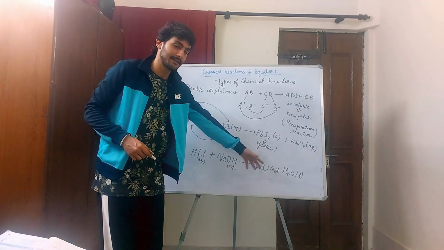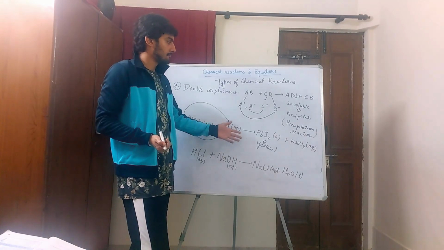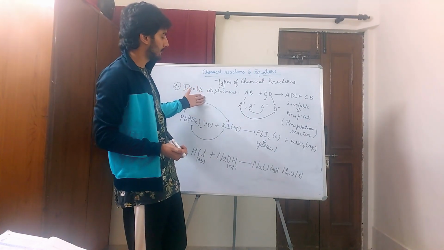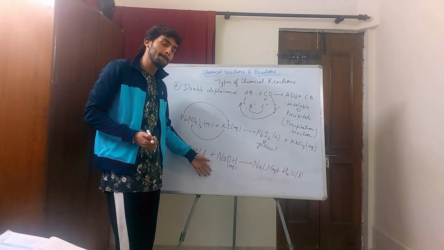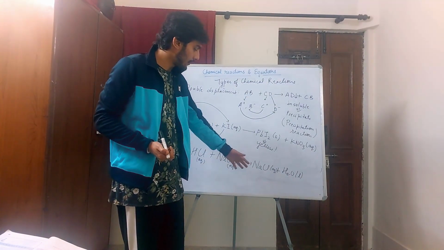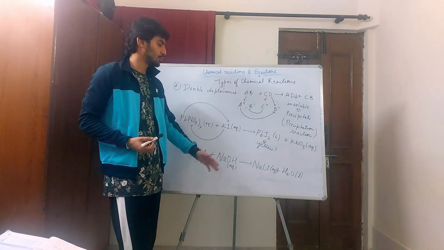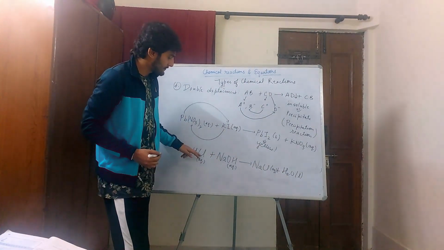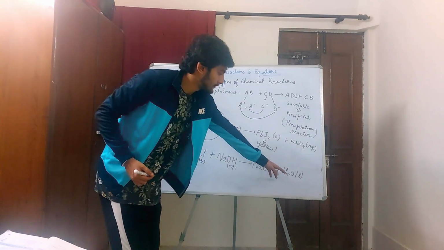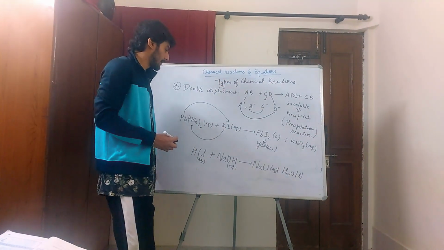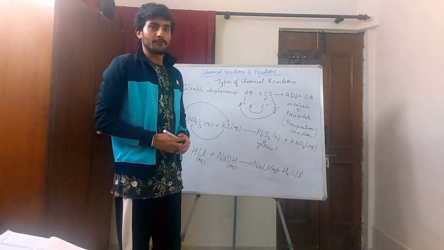Here we don't have a precipitate forming, right? So as I said, in most of the reactions related to double displacement you will find a precipitate, but yes, in some of them you don't get a precipitate. Here all are in aqueous form, or we have liquid, no solid. Even though it is a double displacement, right? Na is coming with Cl, H is going with OH, that gives me water, and Na plus Cl gives me the salt, right? This was the fourth type of reaction.